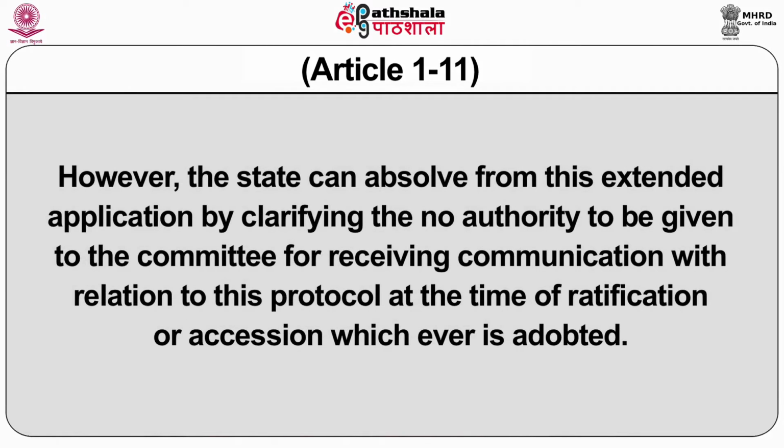However, the state can absolve itself from this extended application by clarifying that no authority is to be given to the committee for receiving communications in relation to this particular protocol at the very time of ratification or accession, whichever is adopted.